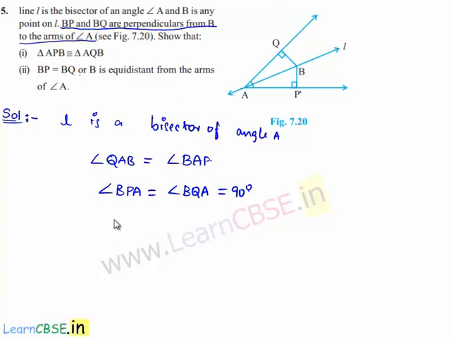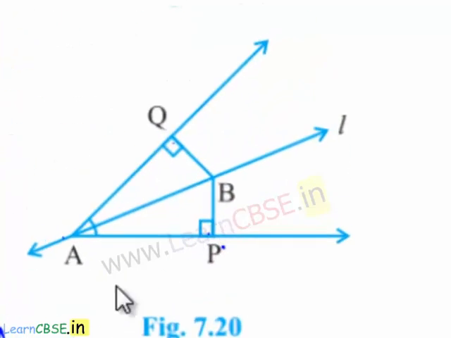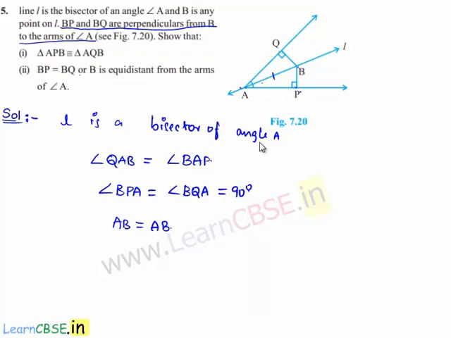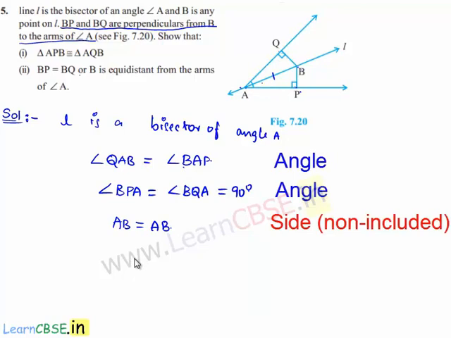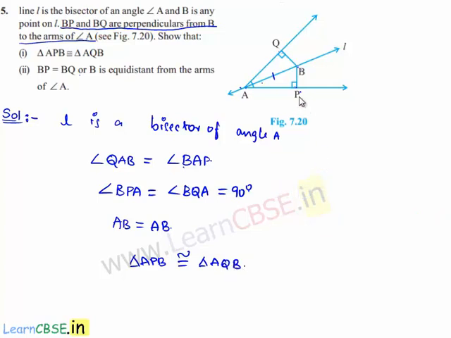Again, if we consider AB will be equal to AB in the triangles APB and AQB. Now, according to AAS property, triangle APB will be congruent to triangle AQB. We know that when two triangles are congruent, their corresponding sides will be equal.